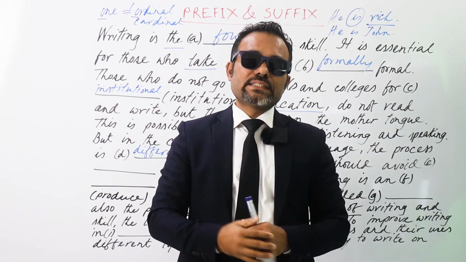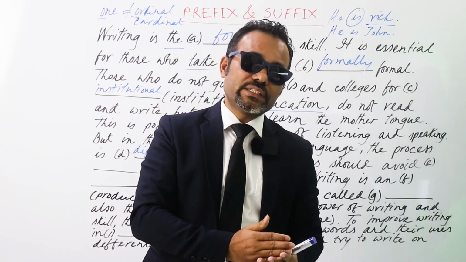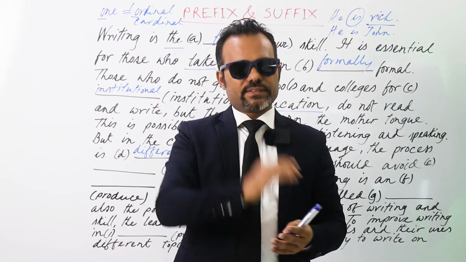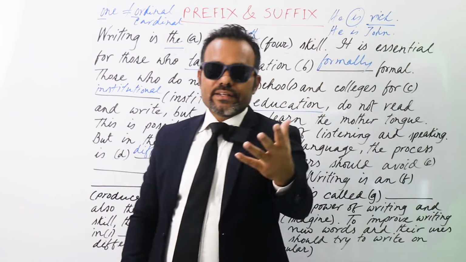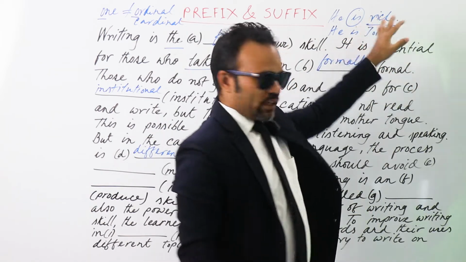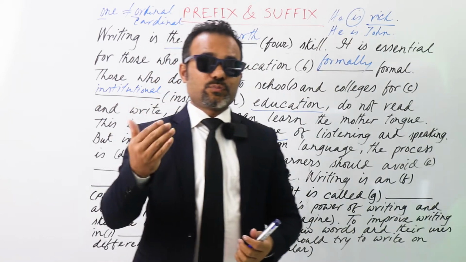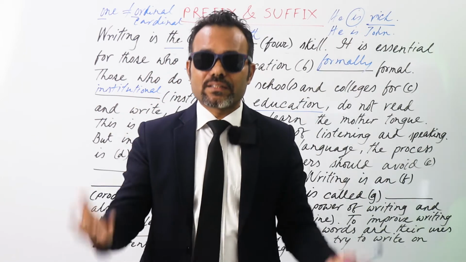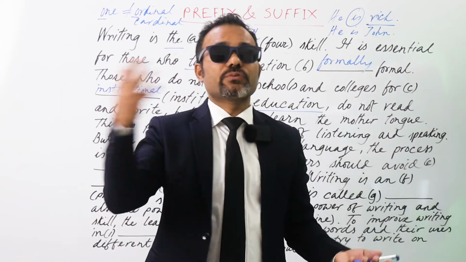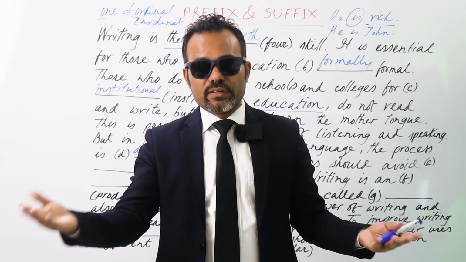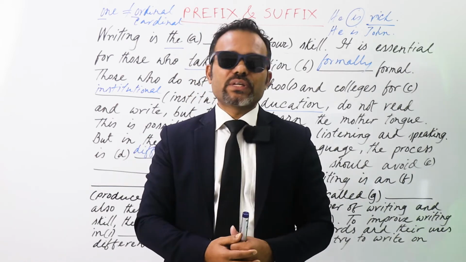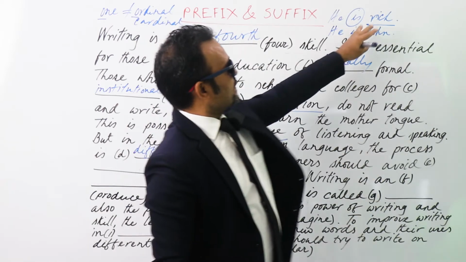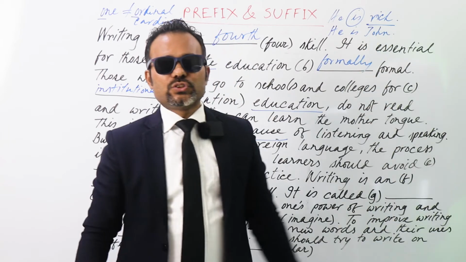Now the question is how to understand which one is adjective, which one is noun. It is a very good question. This way we can identify: after this word rich, can I put another word? Yes, we can, like rich man, rich boy, rich dress, rich food. It means this is an adjective. What about John?